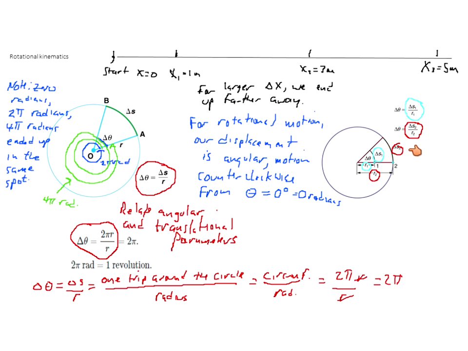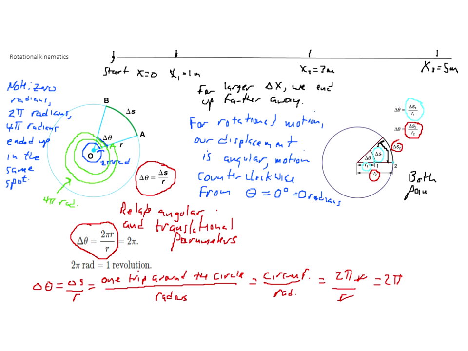They're undergoing a large delta S. But since the merry-go-round is not stretching out, it's not made of Play-Doh or anything like that, they're both undergoing the same angle. Let's just say they're going maybe a sixth of the way around the circle.